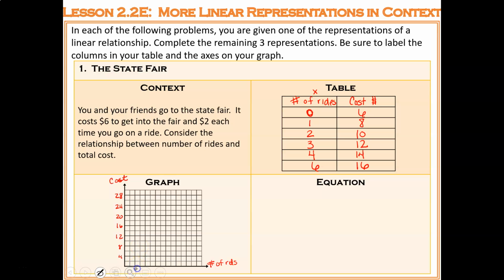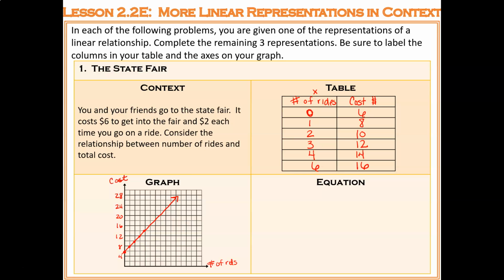This is 2. You can't see the number. So 2, 4, 6, 8, 10, 12. They're not going to let me number here. So I'm going to start at 6, at 0. This is 1. After one ride, I'm at 8. It's going to go up that way. That's what your graph should look like.